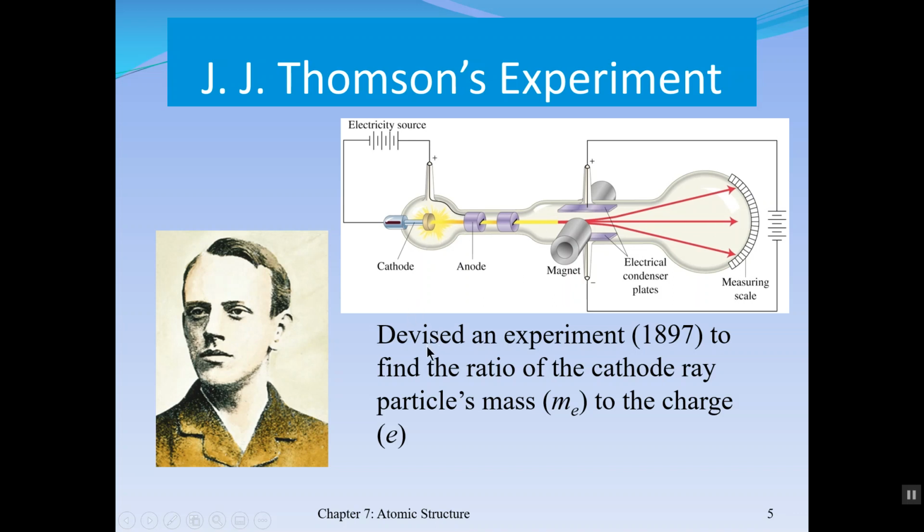You have the cathode here, which is connected to your electricity source, and the anode, which is connected, again, to the same source, is this right here. All right. Actually, it is right here, the anode. But the difference between this setup and the previous one we saw is that this anode has a slit in it.